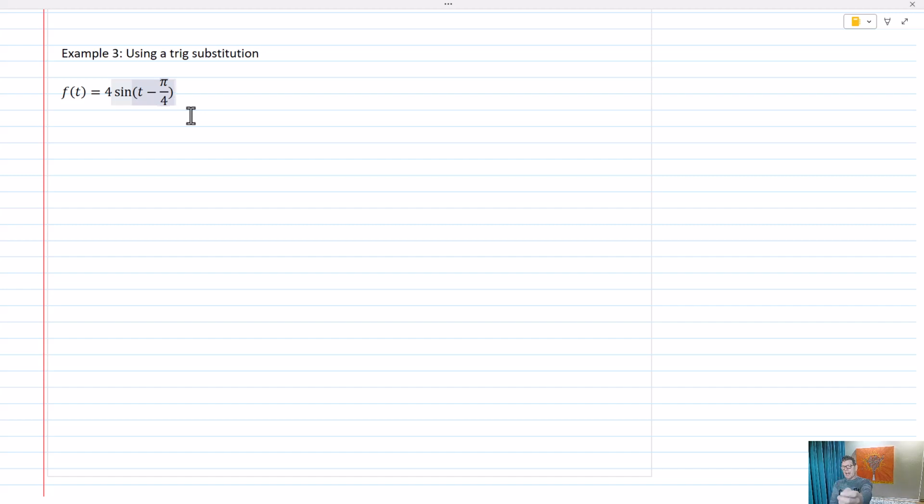Now, I don't actually have a Laplace transform or a simple-to-use integral property, like addition or scalar multiplication, that I can use in order to transform this. But I do actually have a trig substitution.